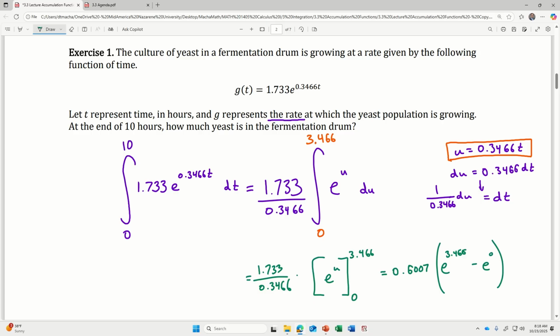I know e to the power 0 is just 1. So in my calculator, I'm going to type in 0.6007 times, open parentheses, e to the power 3.466 minus 1, close parentheses. My calculator tells me that number is 18.63.